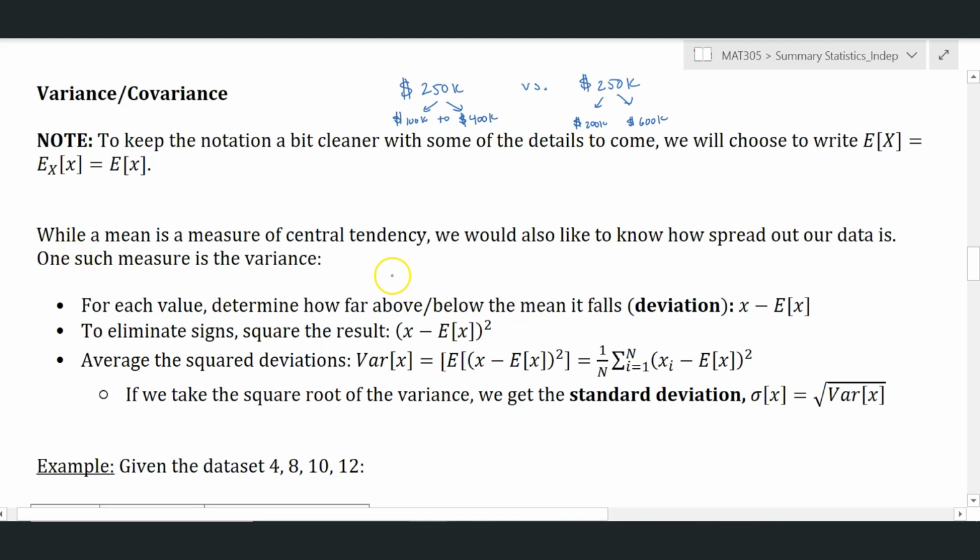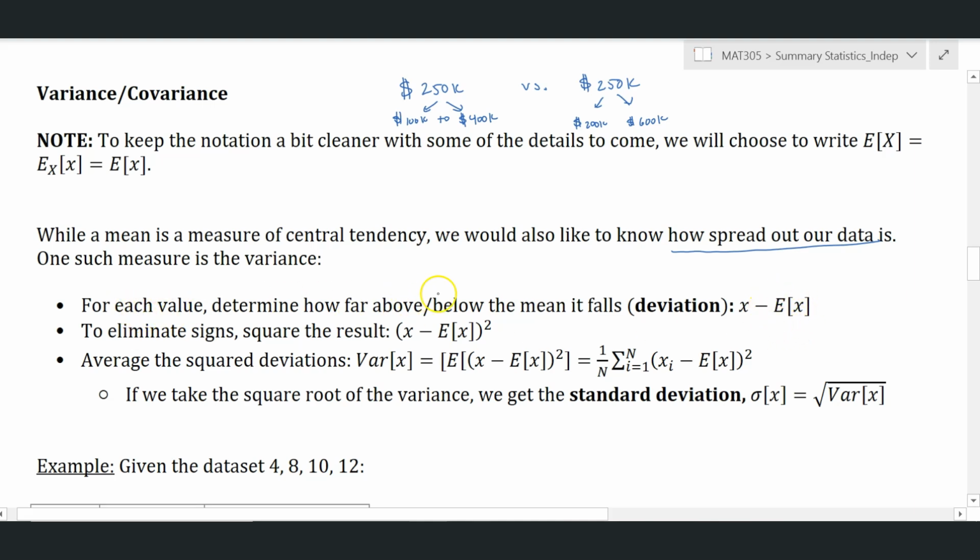Okay, so we said that it would be nice to know how spread out our data is, and for this, one measure that's available is what we call the variance. And the variance does the following. Well, first of all, to determine how much our data varies, we need a reference point, right? So we often use the mean as that reference point.